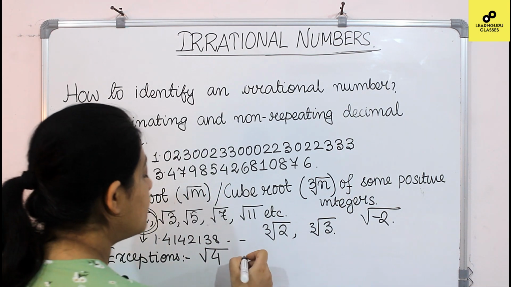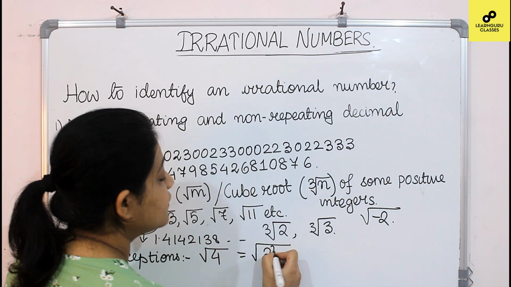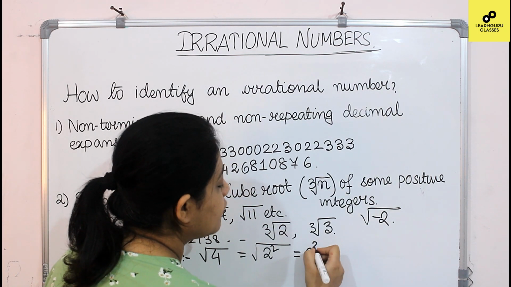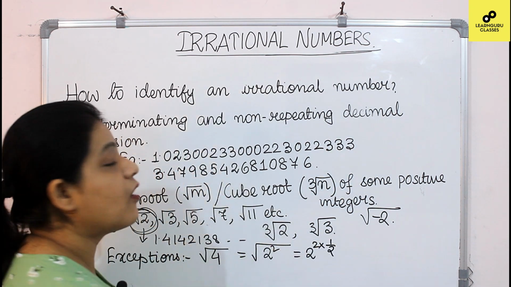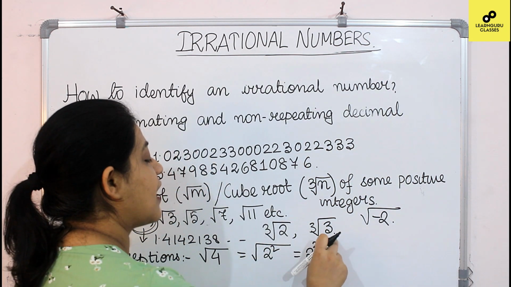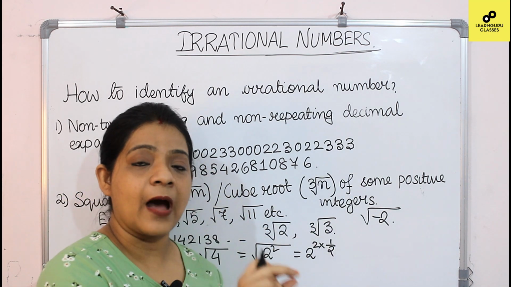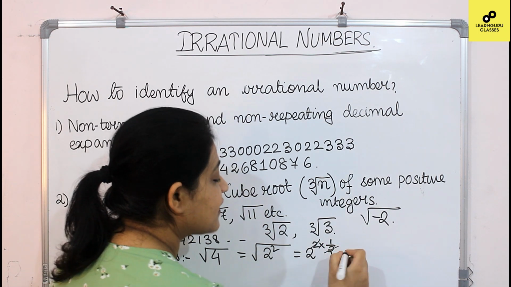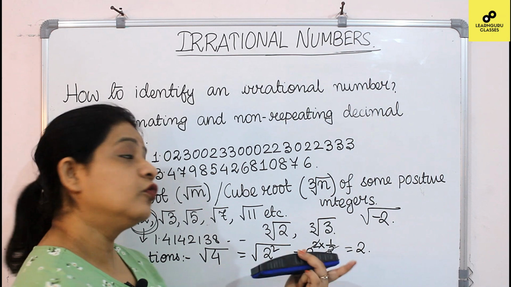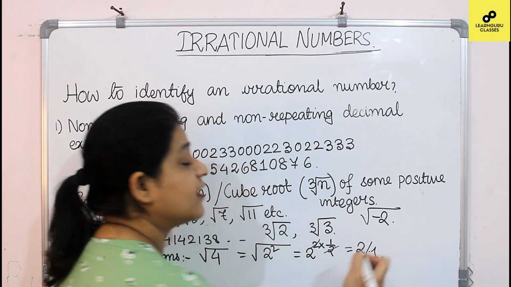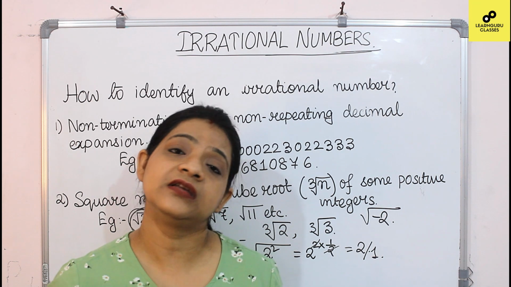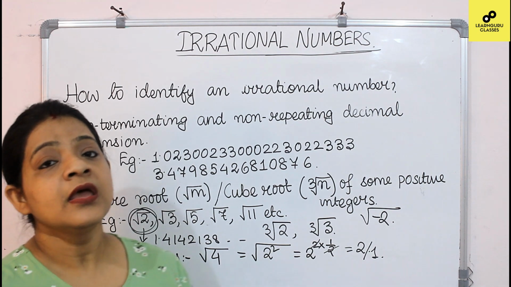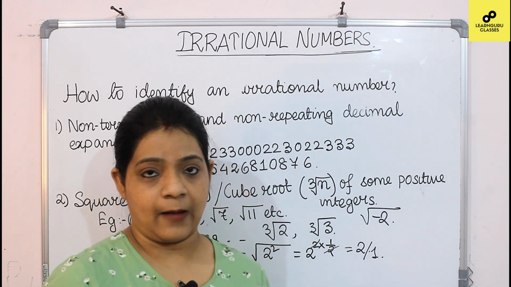Why? Because root over 4 I can write as 2 squared within the root. If we replace the root with the power of half, these things you probably know, the two cancel and you are left with 2. And 2 can be called a rational number, because we can represent it in the form of p by q. So we cannot say root over 4 is an irrational number.